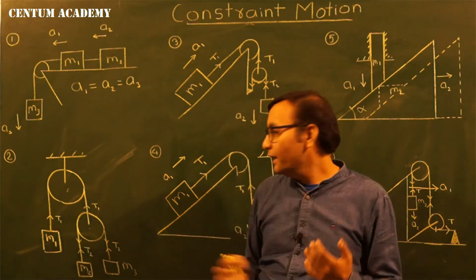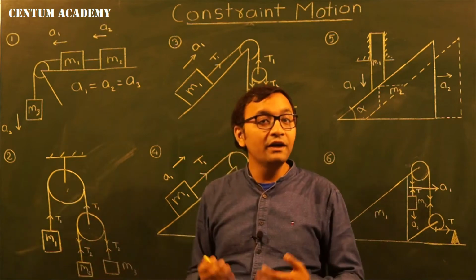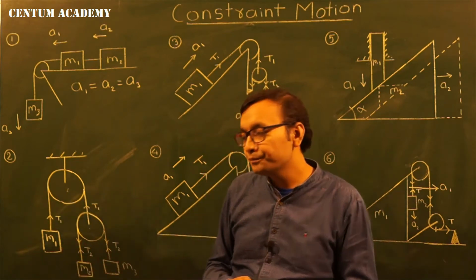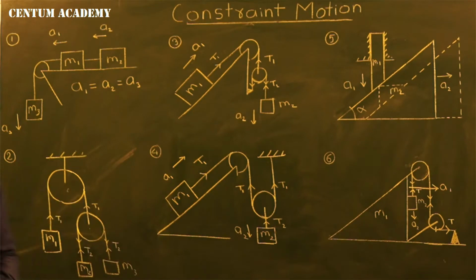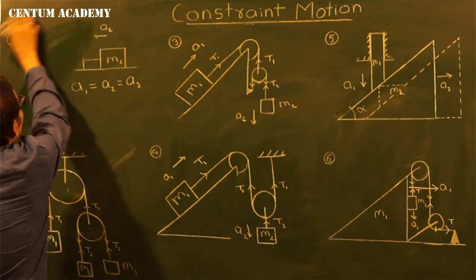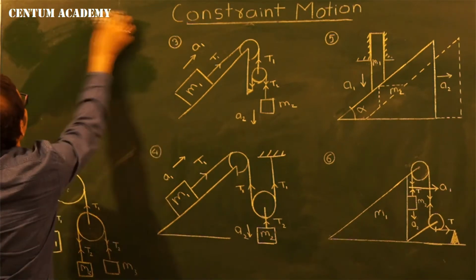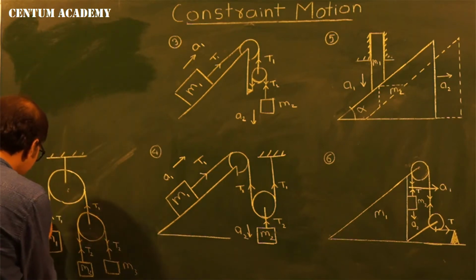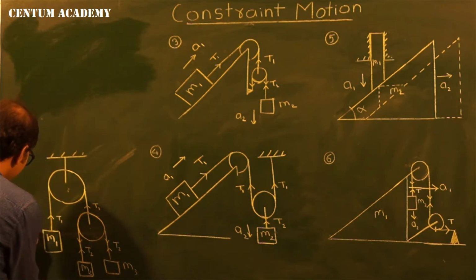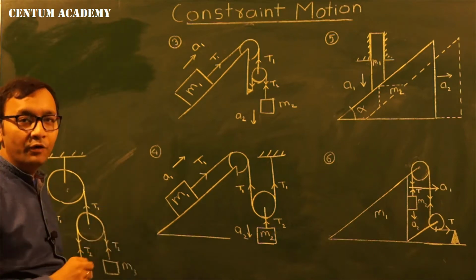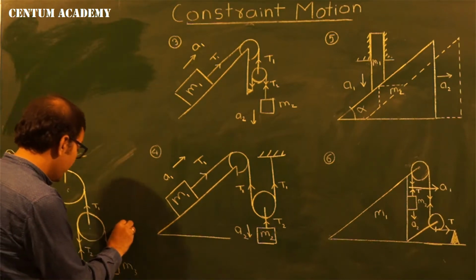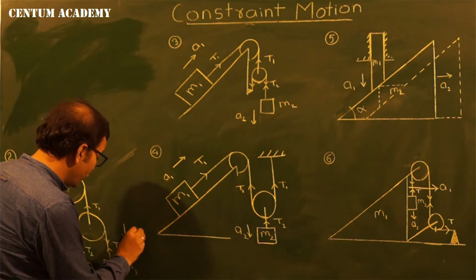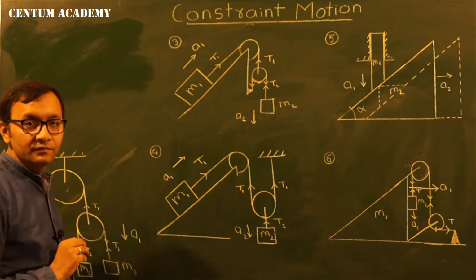First way, we will try to solve this using relative velocity visualization. Okay? So I'll make some room to write. Fine. So if this M1 goes with acceleration A1 upwards, this pulley will also go down with A1, isn't it?